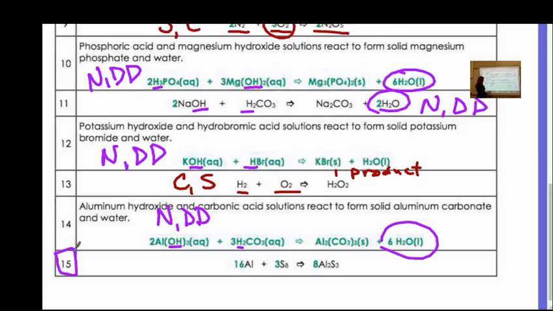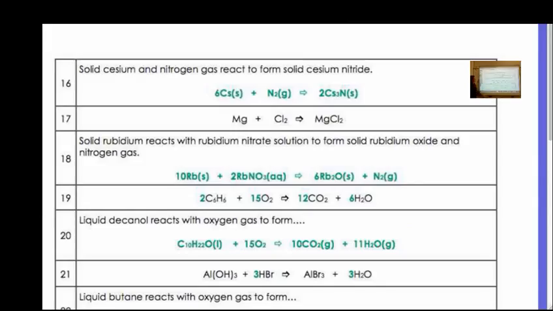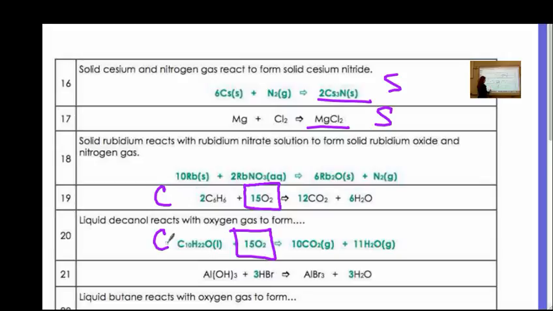15, what type of reaction would this be? I only have one product. One product equals a synthesis reaction. You can check on the back. One product, synthesis. What's happening here? I see an O2. An O2 means combustion. Here's another one, O2, combustion.